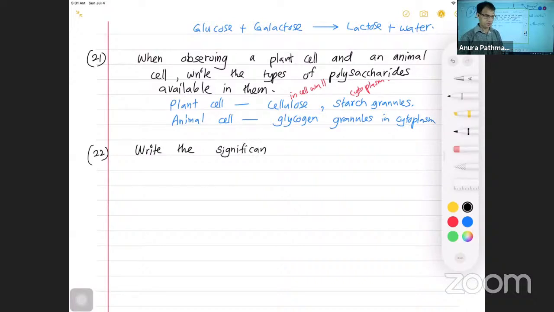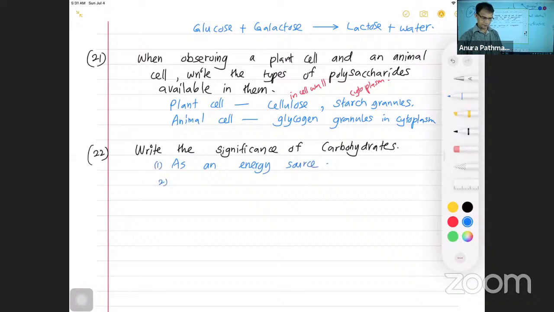Significance of carbohydrate. Write the significance of carbohydrates. 1, as an energy source.